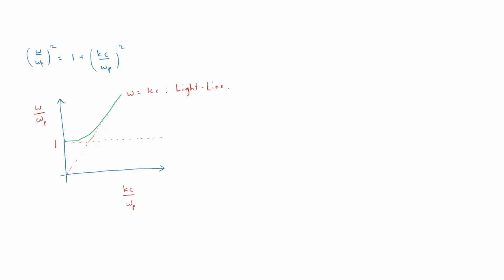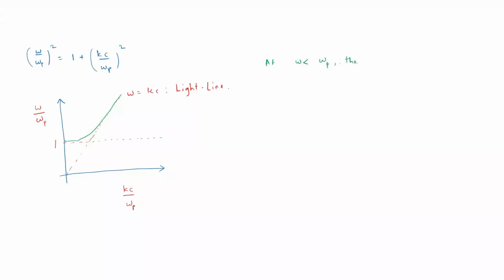So what is happening here? At omega less than omega p, the propagation of transverse EM waves was forbidden inside that metal. So it was either absorbed or reflected back.